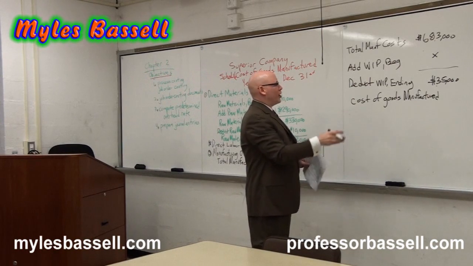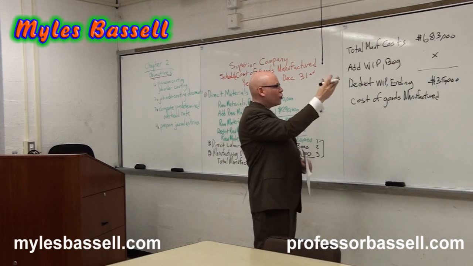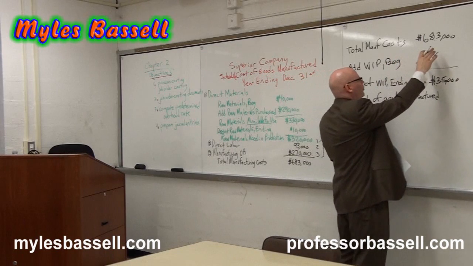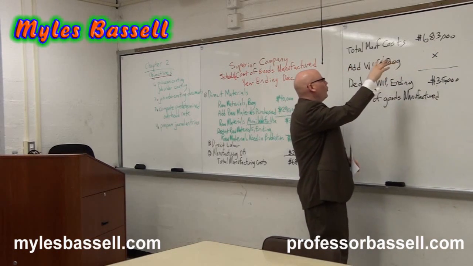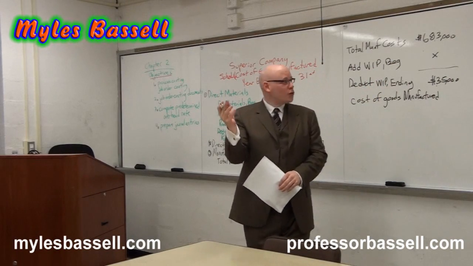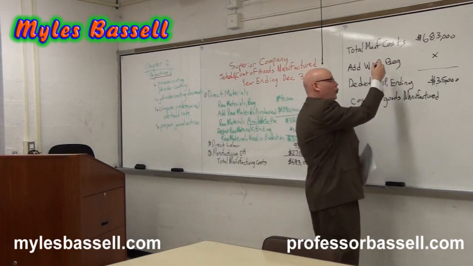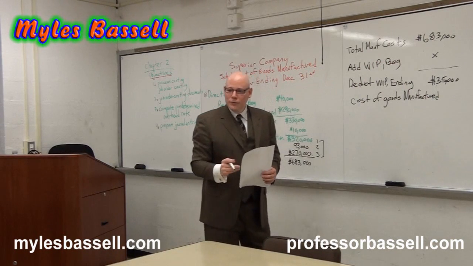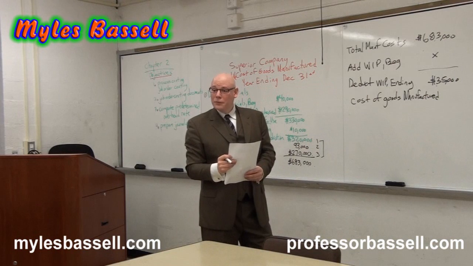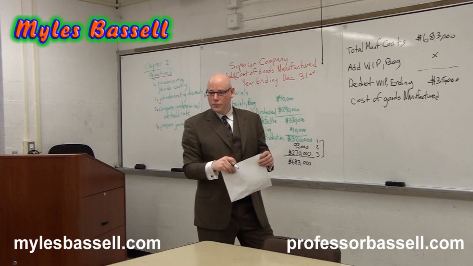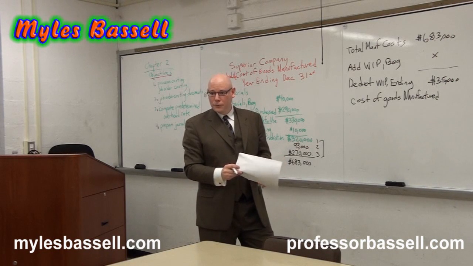So we add the work in process. After we've calculated the total manufacturing cost at $683,000, now we're going to add the work in process beginning. Why? Why don't we just stop here? Total manufacturing cost. Isn't that enough? What are we missing? You have partially completed products sitting in your warehouse that you still need to finish because you probably don't want to scrap a whole bunch of perfectly good starts.